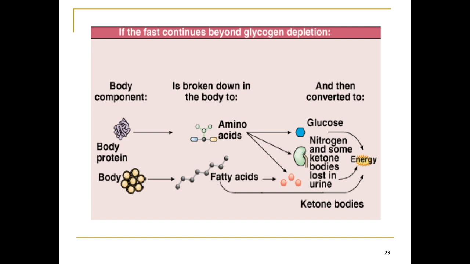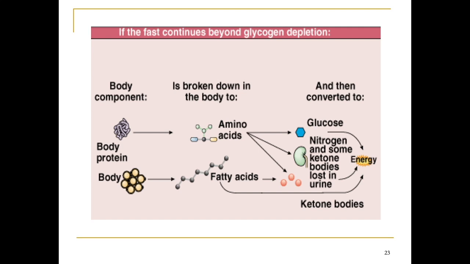Now, if you continue fasting and you completely deplete your glycogen, which is your body's sugar source, you will start to break down body proteins into amino acids to make glucose, and also ketone bodies and fatty acids, which can be used to make energy.